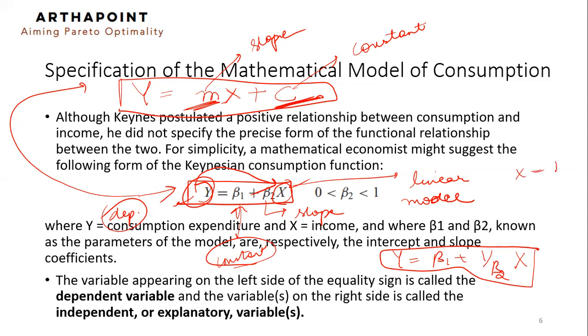When you put x as 1, y is beta 1 plus beta 2. When you put x as 2, the value of y will automatically change. So the moment you change the value of x, you are automatically changing the value of y. And that is exactly why y has to be dependent on x. So, you go ahead and give the specification of the mathematical model.